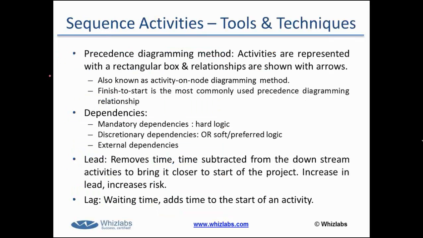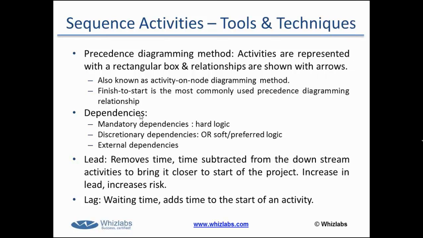Now, how exactly do we create a network diagram? How exactly do we start working on the project schedule? That's the point of discussion here. In order to explain that, we'll quickly take a look at the bookish definition, but it would not be clear until we take a look into a real example. We use a precedence diagramming method.